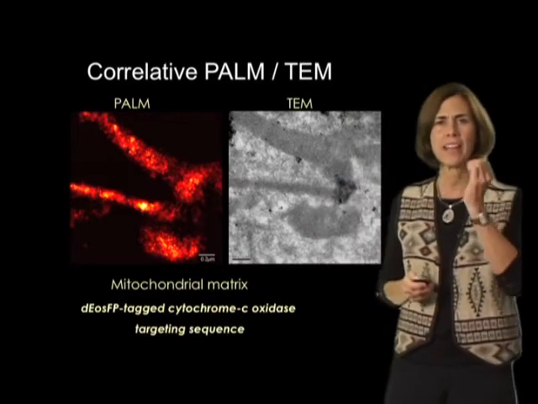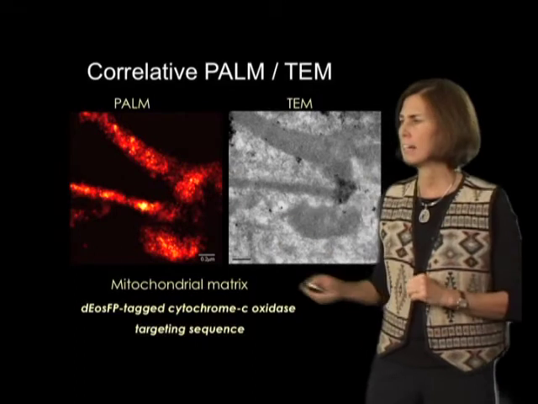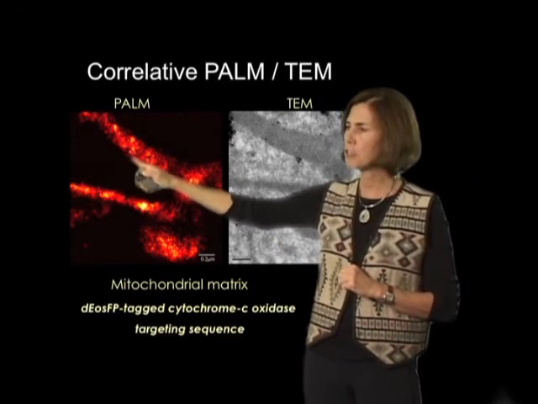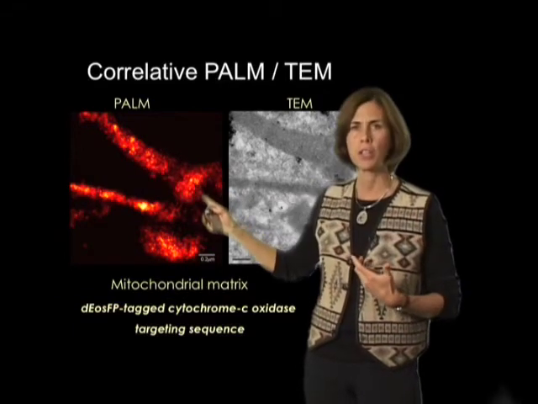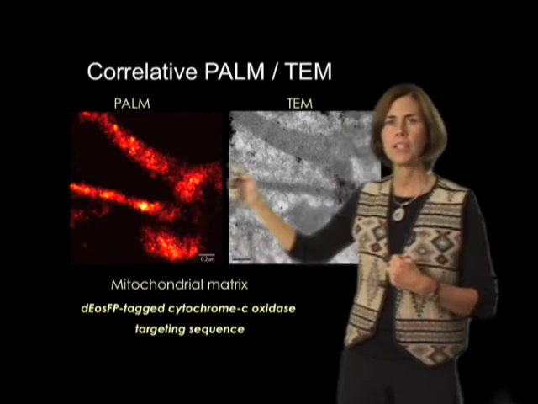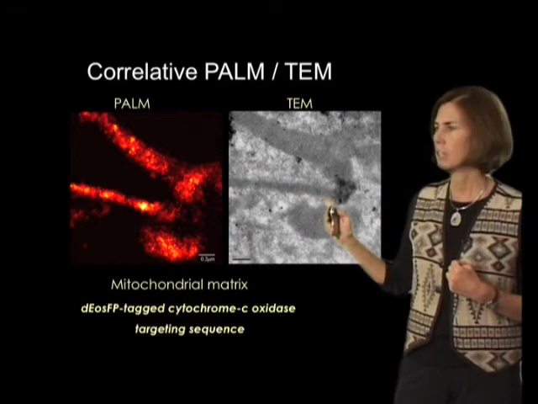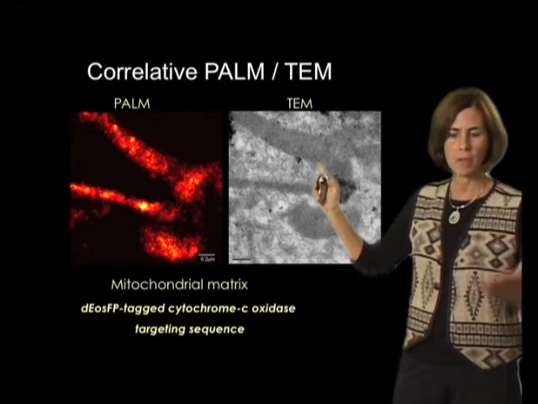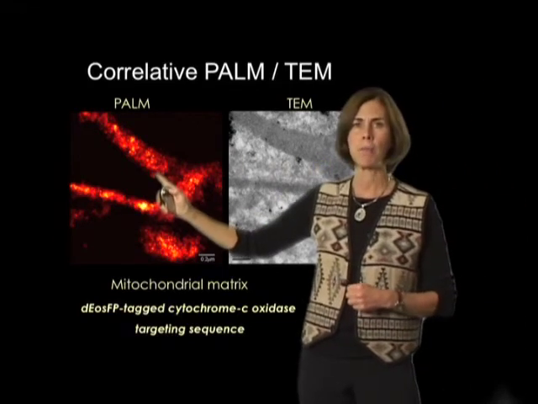Now, the advantage of creating a thin section through the cell and doing PALM on that thin section is that after you've imaged the single molecule distribution within that sample, you can then put it in the electron microscope to do transmission EM imaging in order to compare the ultrastructure of the structure of interest to the distribution of the molecules.